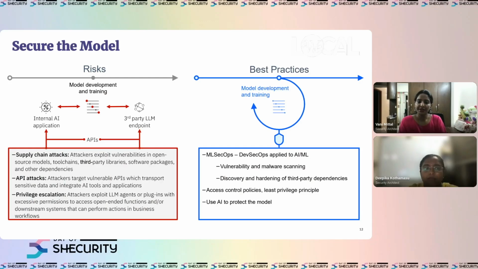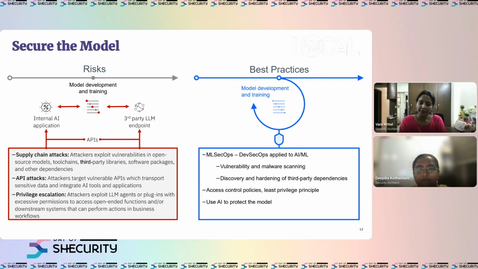Now, the next stage of the pipeline is the model development and training. Most companies don't have the expertise to build their own models. They download pre-trained models from public repos like Hugging Face and use them. While these repos reduce development effort, lack of security in these repos creates a backdoor for attackers, and anyone using these models can become a potential supply chain attack target.